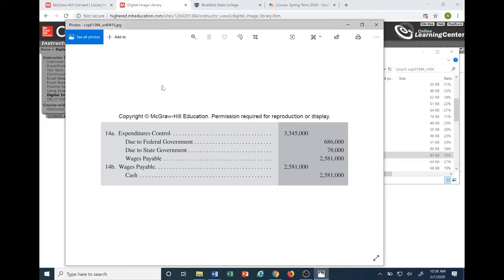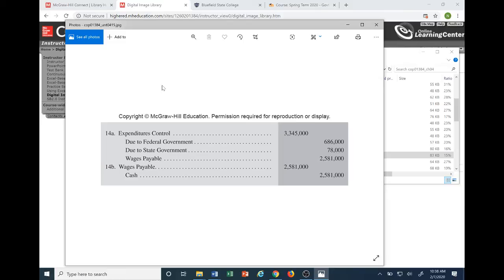The gross pay is charged against the appropriations of the individual departments through a subsidiary ledger, which is not presented here. Deductions from gross pay for the period amounted to $78,000 for employee state income tax withholdings and $686,000 due to the federal government. Of that, $430,000 is for federal income tax withholdings and the other $256,000 for employees' share of Social Security and Medicare taxes.